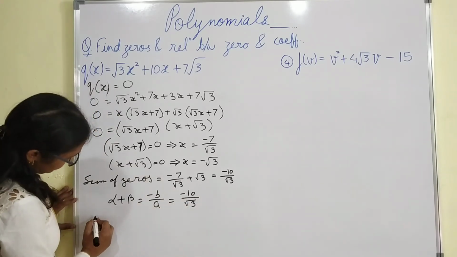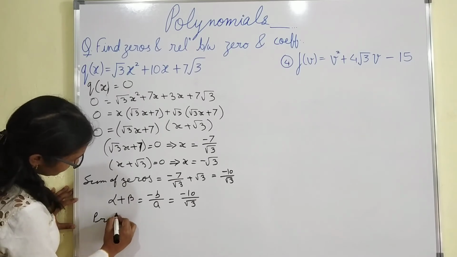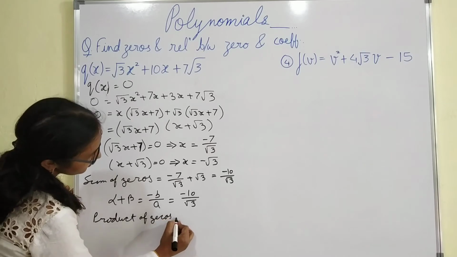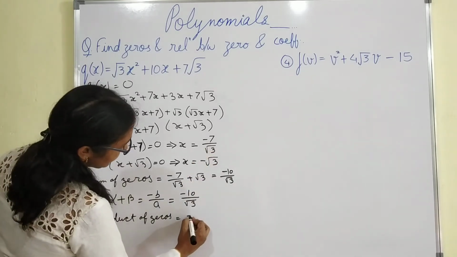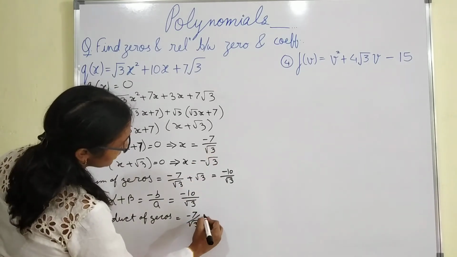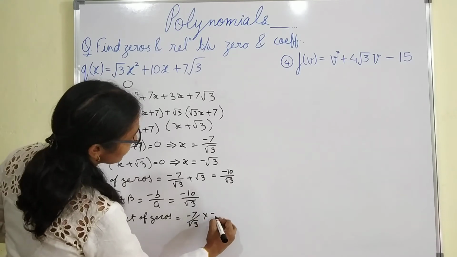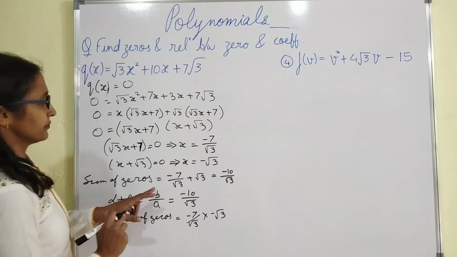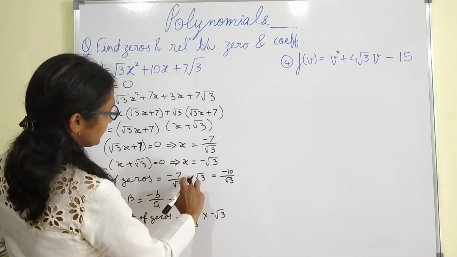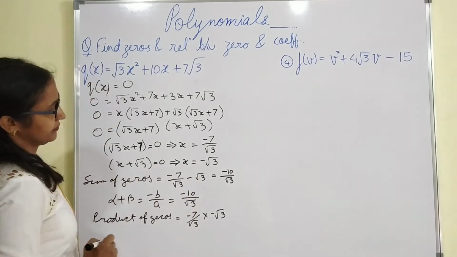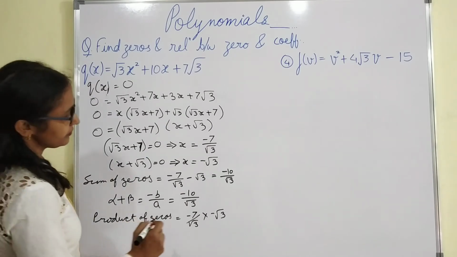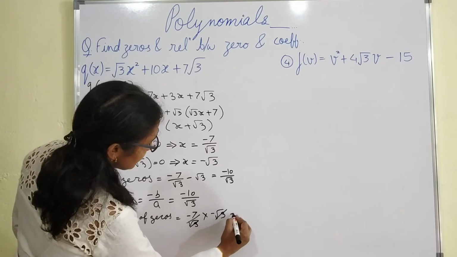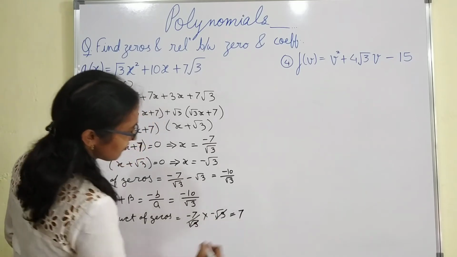Now next is product of zeros. Product of zeros: minus 7 upon root 3 into minus root 3. So root 3 cancels, and it will be 7.